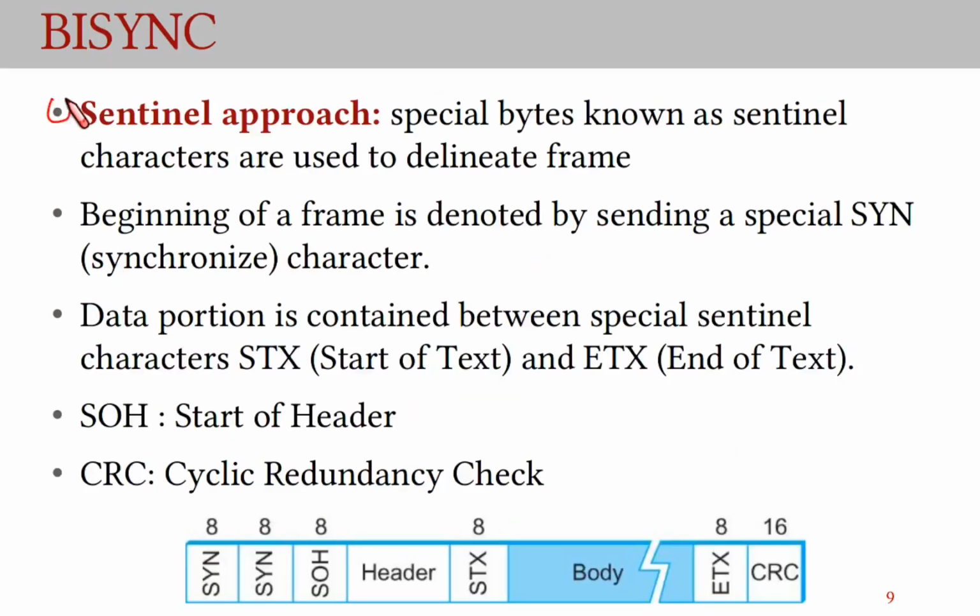Bisync uses the sentinel approach. In this approach, special bytes known as sentinels are used to delineate a frame. The frame format for Bisync is shown here. Remember that these numbers at the top represent the length of these fields. So a Bisync frame begins with two SYN, which stands for synchronous idle characters. They're both 8 bits.